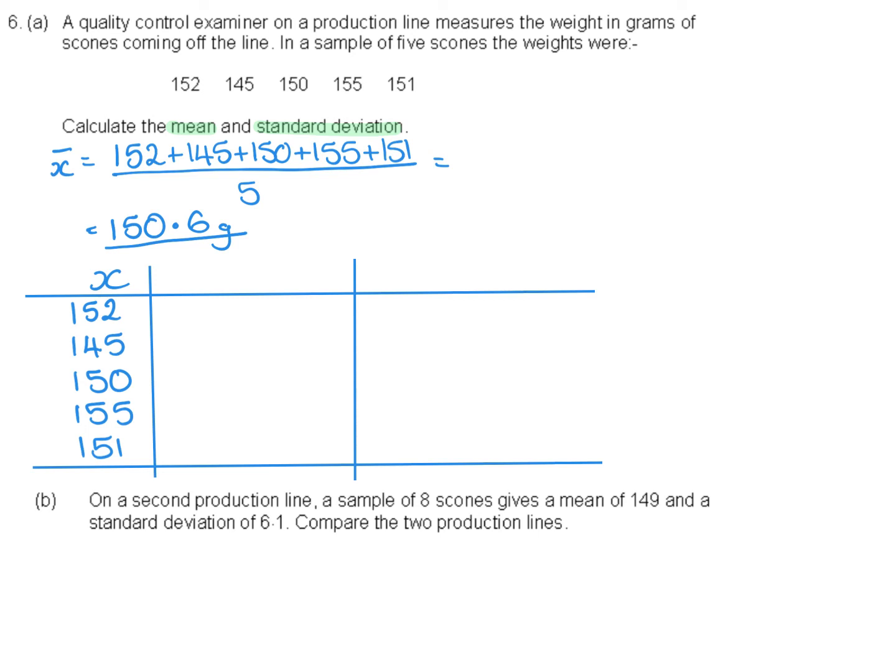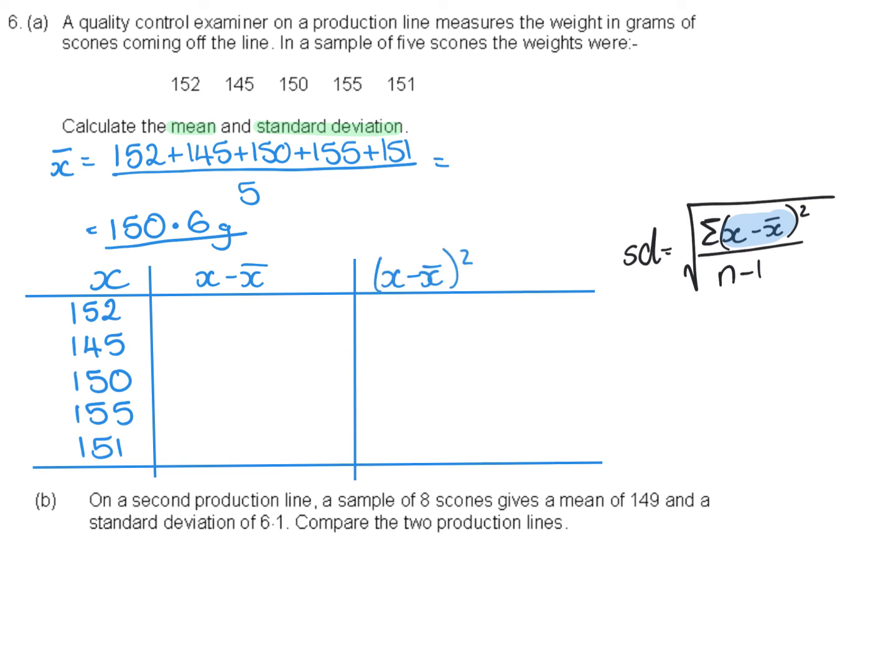Okay, so I'm going to write down that formula, which is on the formula sheet, remember? And remember that the middle part of my table will have the top part of that fraction there. Okay, x minus x bar in the middle column, x minus x bar squared in the final column.